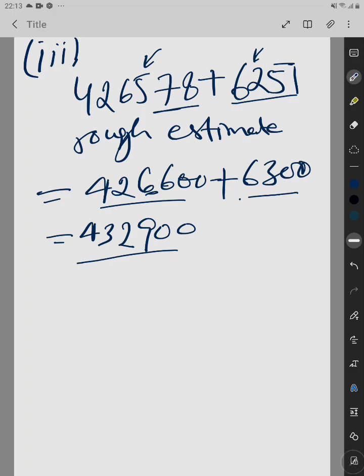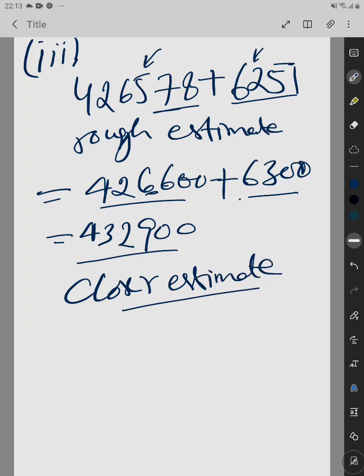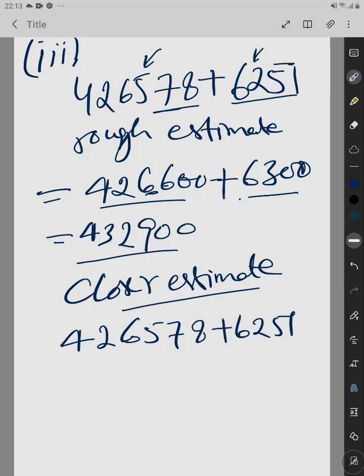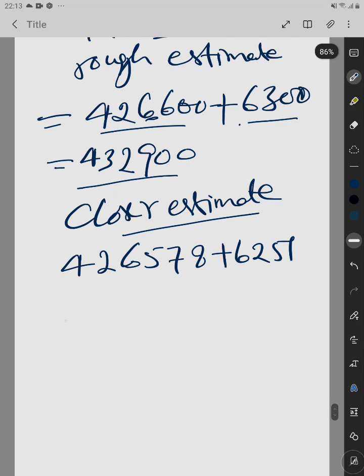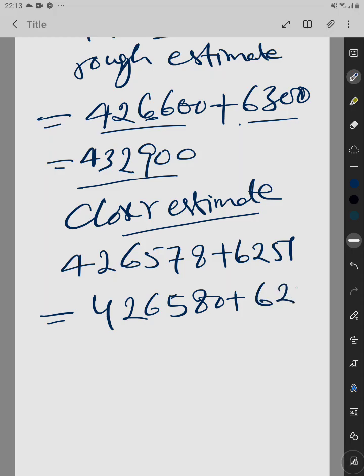And let's take the closure estimate. So how will we get the closure estimate? By rounding up to nearest tens. So write again 426578 plus 6251. So its closest tens will be 426580 plus 6250.